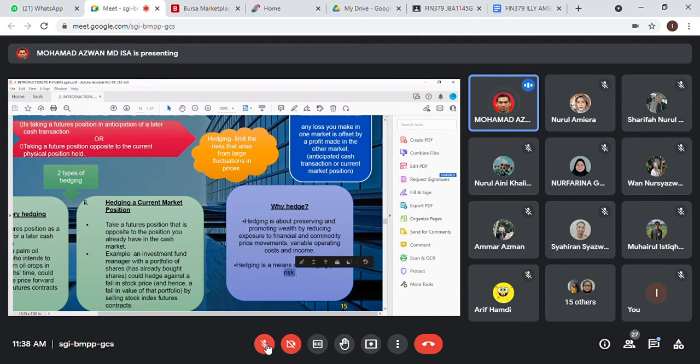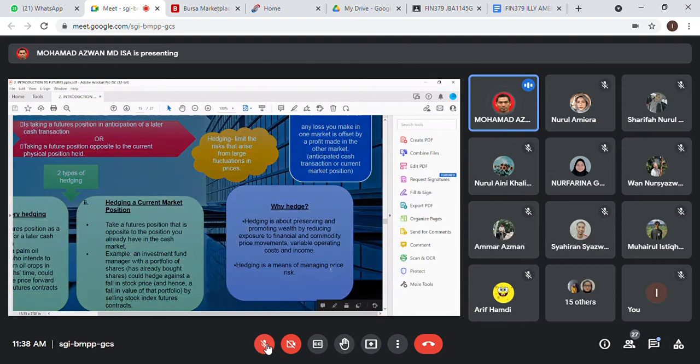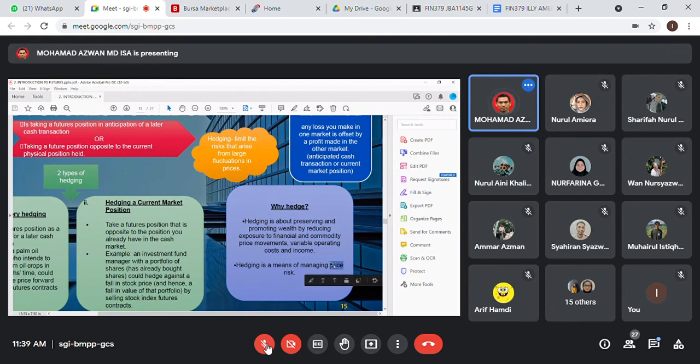The risk here refers to price risk. Price risk maksudnya price up and down, price volatility or fluctuation. If you are a buyer, you are exposed to price increasing.